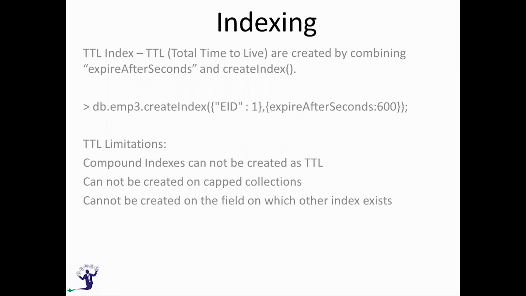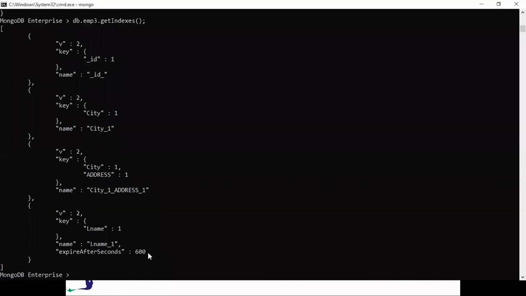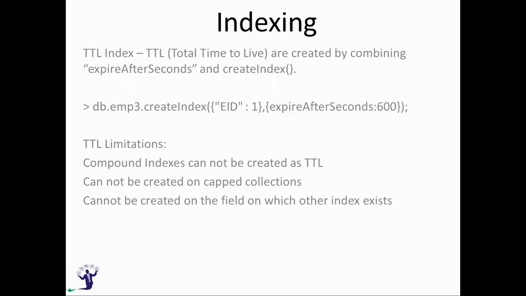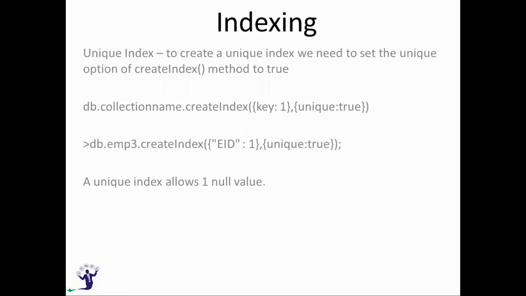TTL also cannot be created on a field on which another index exists. We already have an index on city, and if I try to create a TTL index on city, I won't be able to. Is that clear? So that is the TTL index.